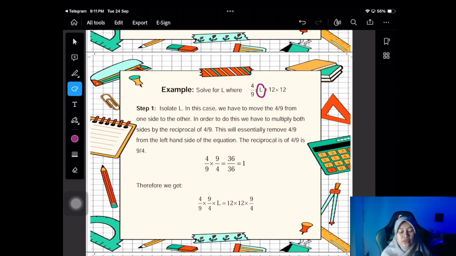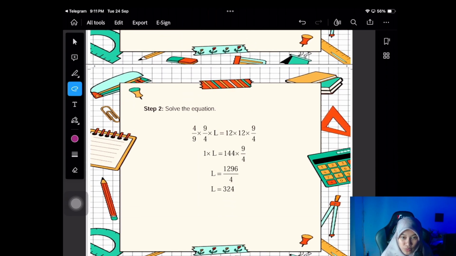In order to do this, we have to multiply both sides by the reciprocal of 4 over 9, which is 9 over 4. So we times by 9 over 4, we got 36 over 36, which is equal to 1. So we times 9 over 4 on the left hand side, and then we times 9 over 4 on the right hand side.